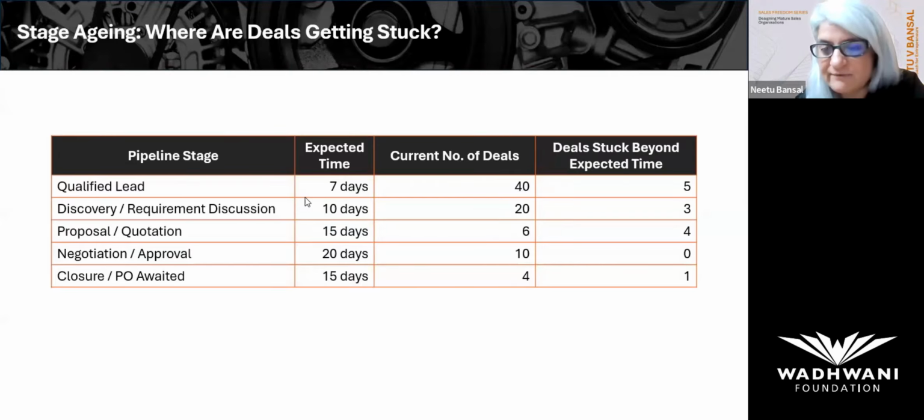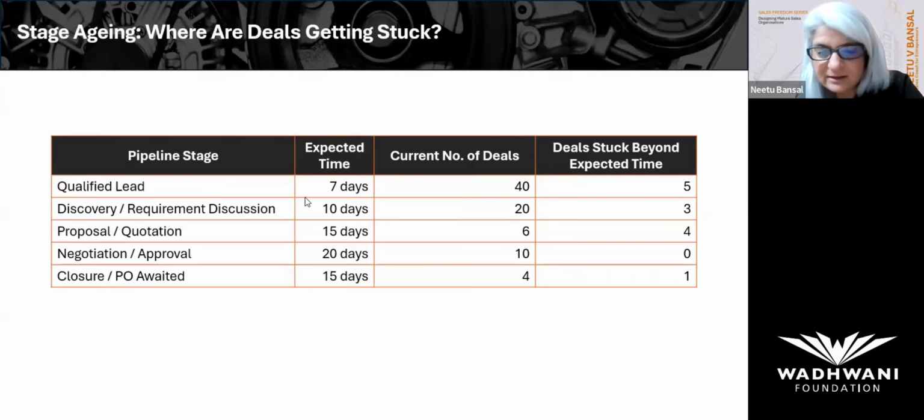You're focusing on these 5 leads where we haven't even reached discussion stage yet. What has happened to them? Why is it happening? And this is something you can introduce even with a simple Google Sheet. You don't need a very complicated CRM tool, and in a CRM tool, it can be very easily automated. In fact, I have a Google Sheet where I've even automated this.